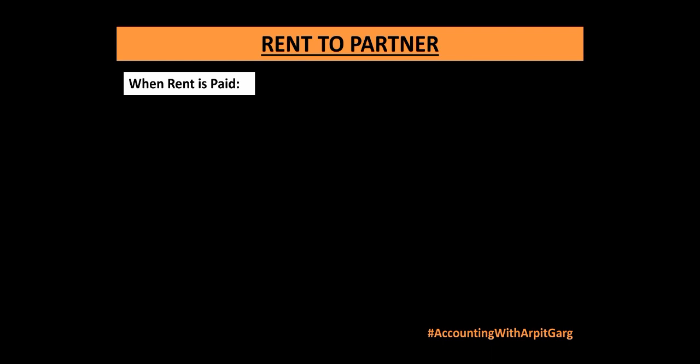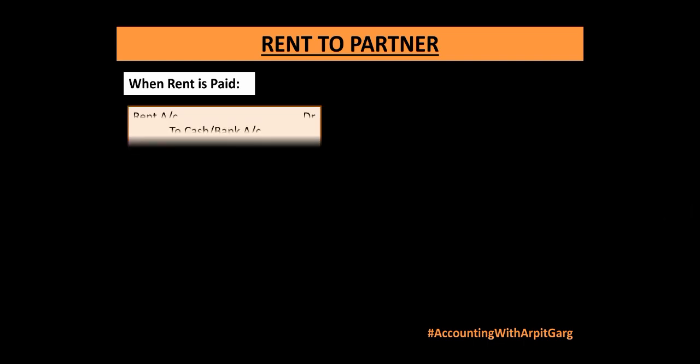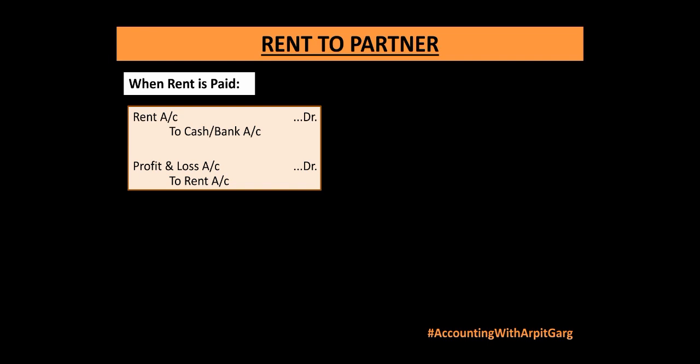Remember, we are considering ourselves as the firm. So, as we know, all expenses and losses are debited. So, here rent account is debited and we credit what goes out. So, cash or bank account is credited.